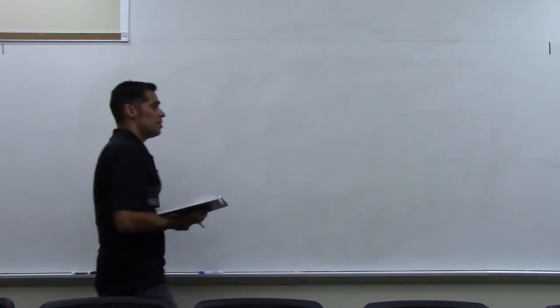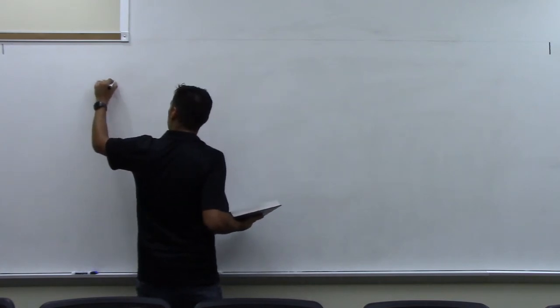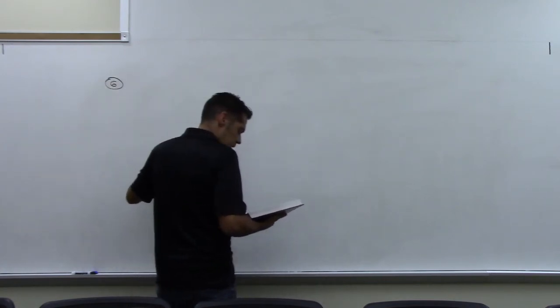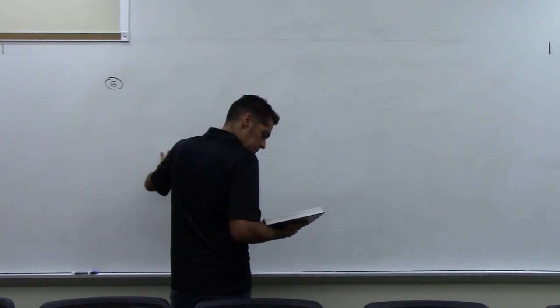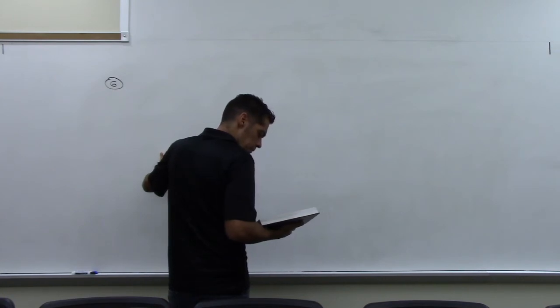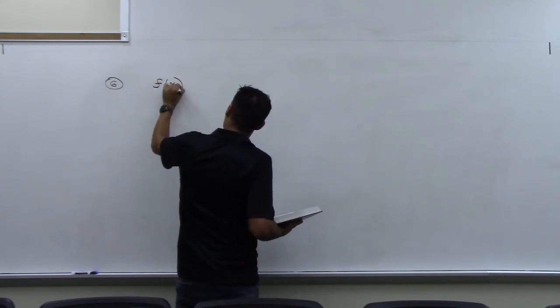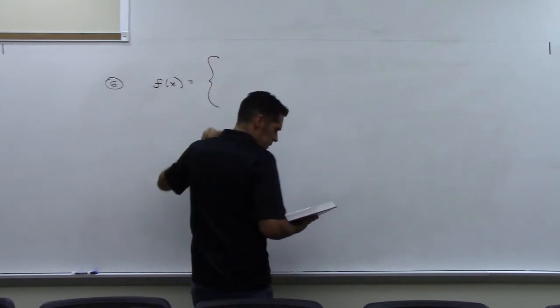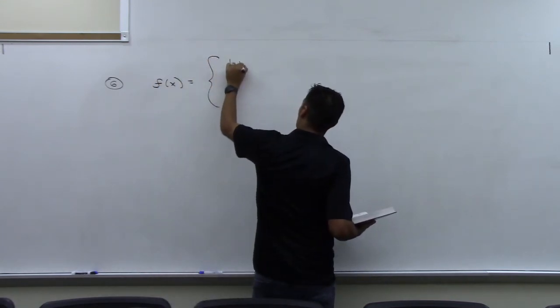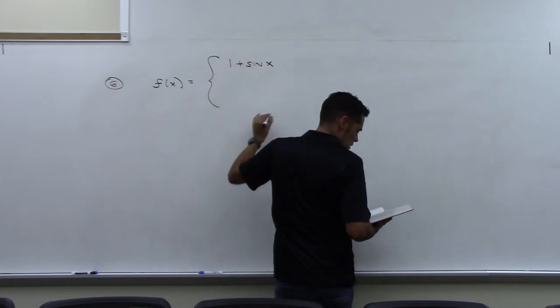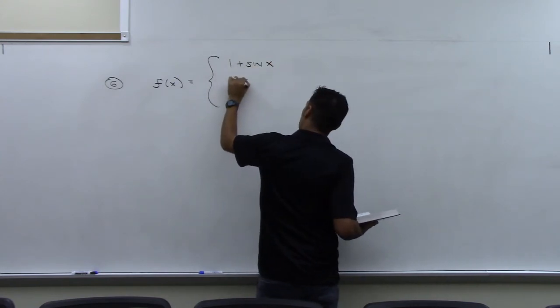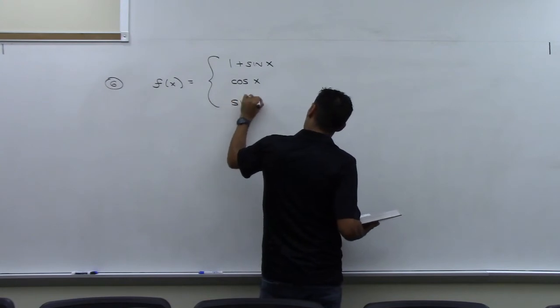All right, number 6, we want to sketch a graph. F of x equals, this is what we call a piecewise function, 1 plus sine x, cosine x, sine x.